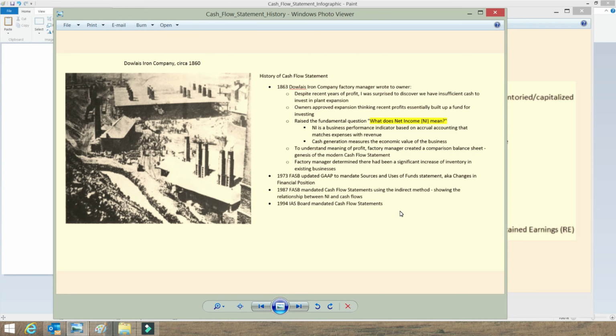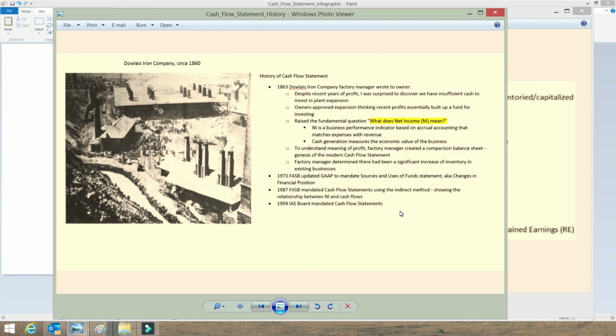The factory manager was surprised when discussing the project with the treasurer of the company that there was insufficient cash for the company to finance the investment themselves, and would have to seek outside financing. The owners had approved the expansion, thinking that recent profits were sufficient enough to build up cash reserves that would allow for the expansion. Well, this raised the question of what does net income really mean?